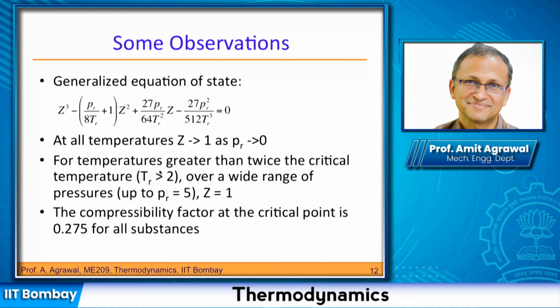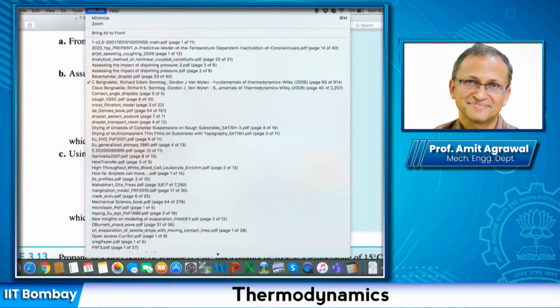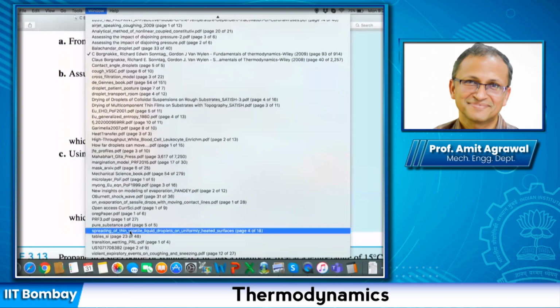And of course, this law also states that the compressibility factor at the critical point for most of the gases, for most of the substances, is a constant value, which is 0.275. Now just to emphasize this point, we can look at the compressibility factor for various substances from our table.